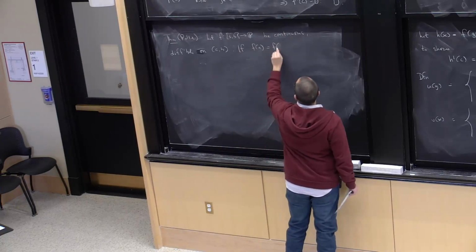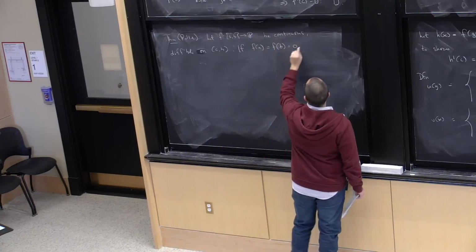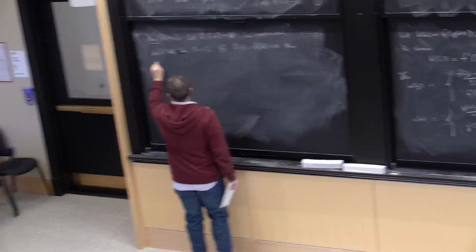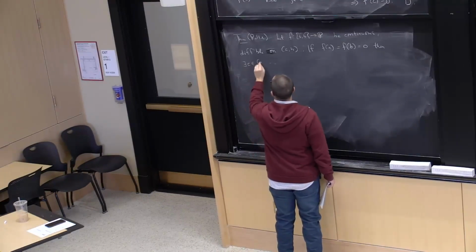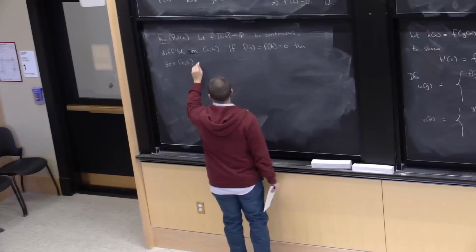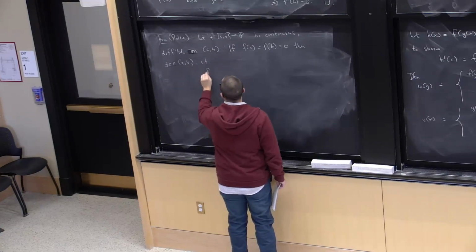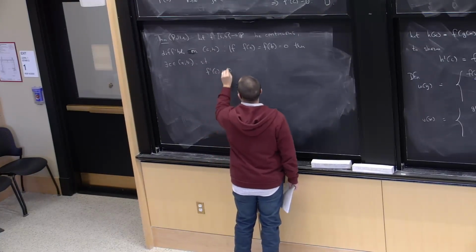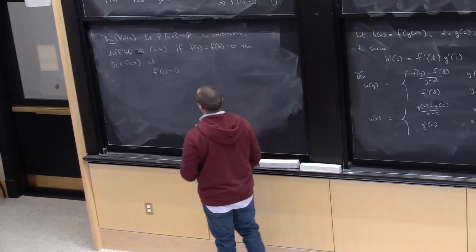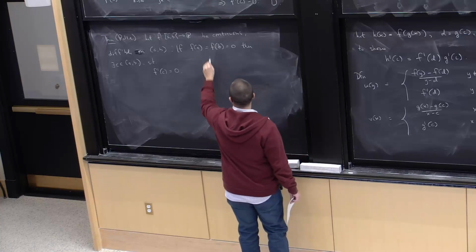If f of a equals f of b equals 0, then there exists a point c in the open interval (a, b). This is important, such that f prime of c equals 0. All right, and what's the picture that goes with this? I'm sure you've seen it before.